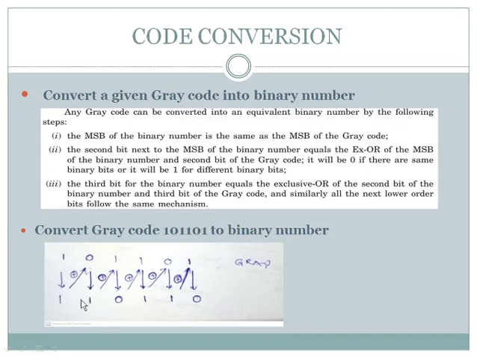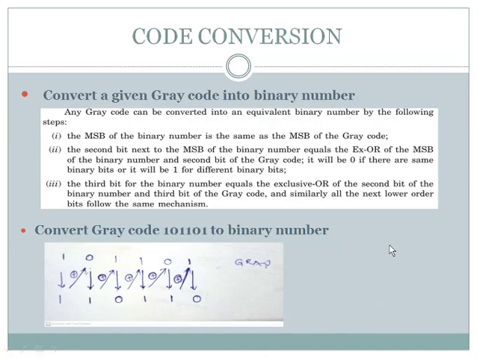If both are similar, XOR gives 0. If both are different, XOR gives 1. And this is how we can obtain all the bits of the binary number from the corresponding bits of the Gray code. For example, the LSB of the binary number can be obtained by performing the XOR operation between the LSB of the Gray code and the previous bit of the binary number.